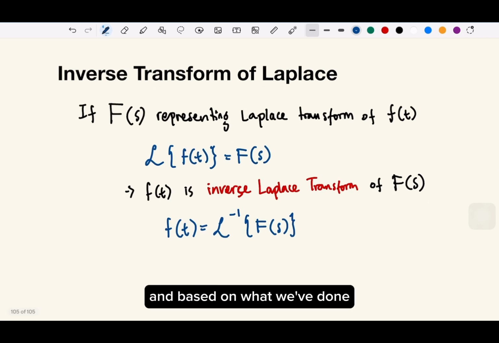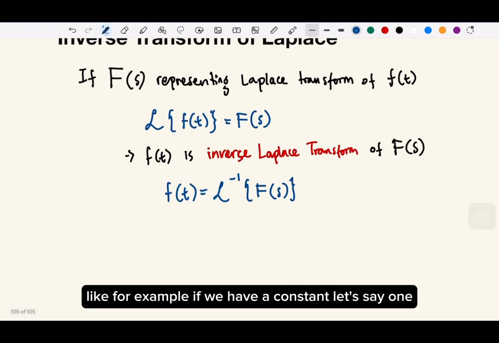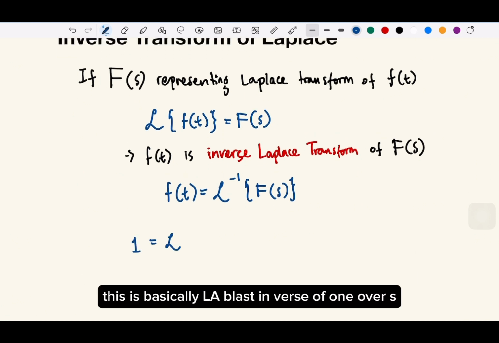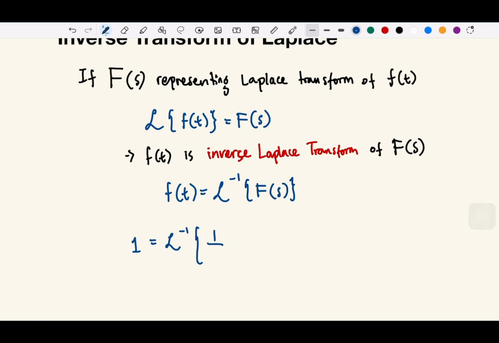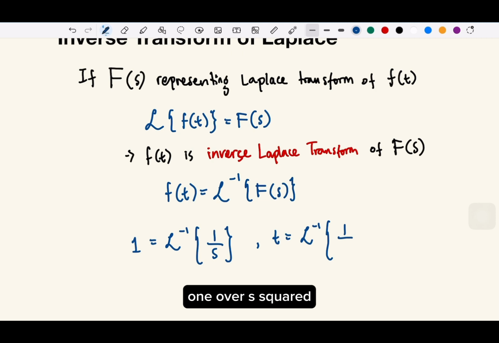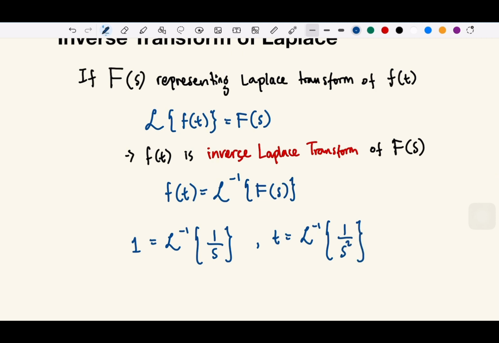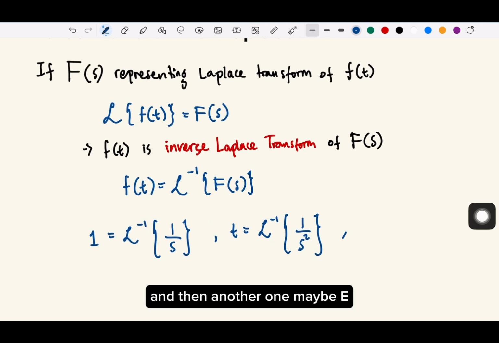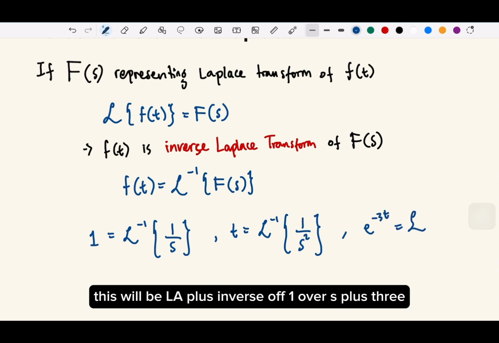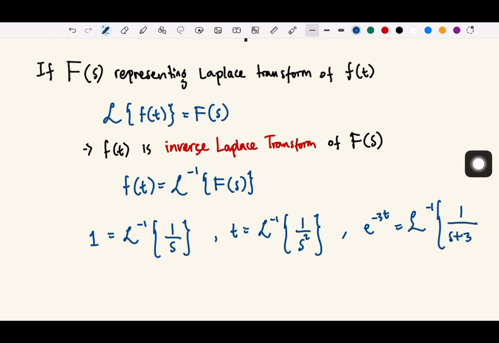And based on what we've done, for example, if we have a constant, let's say 1, this is basically the Laplace inverse of 1 over s. And then t will be the Laplace inverse of 1 over s squared. And then another one, maybe e to the power of negative 3t, this will be the Laplace inverse of 1 over s plus 3.